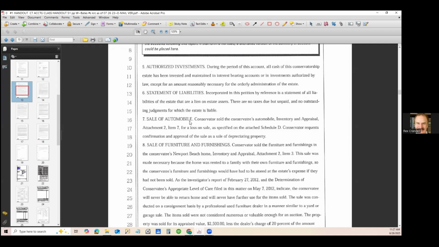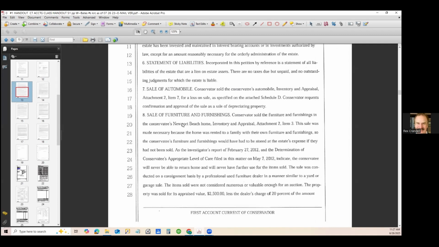I don't put these in technically, not for automobiles, but other things possibly. Sale of furniture. Again, this person sold furniture that was on the inventory and appraisal. They specifically state it was in the conservatee's home or the vacation rental or something like that.